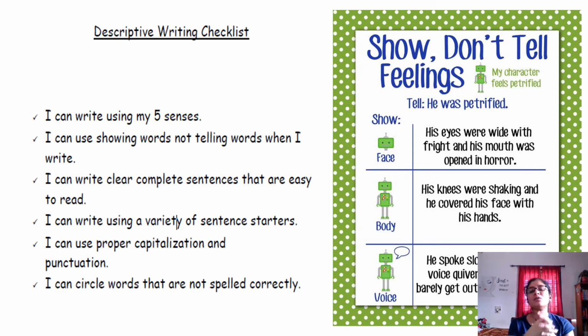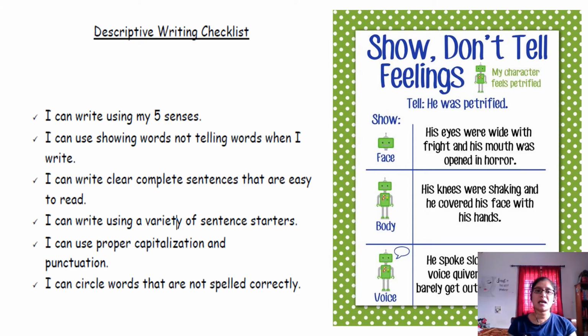But if I say he was petrified, will you be able to imagine all these things? Never. You can imagine in different ways. But when the author gives such showing words as description, it's easy for us. So avoid telling words, and when you describe a situation, describe the ways that person experienced it.